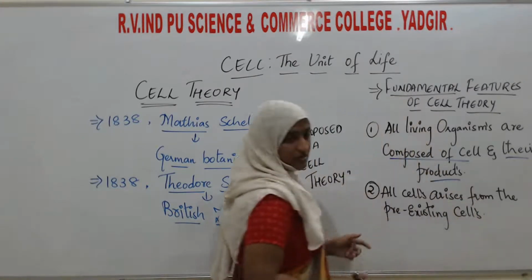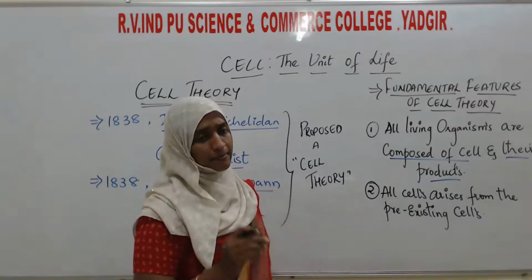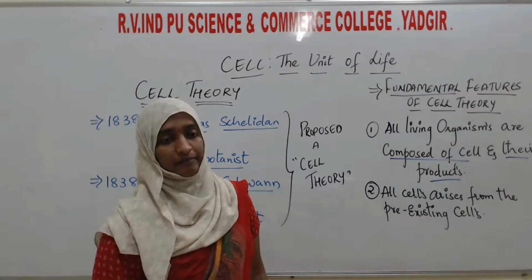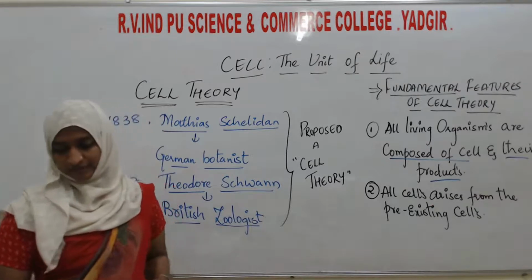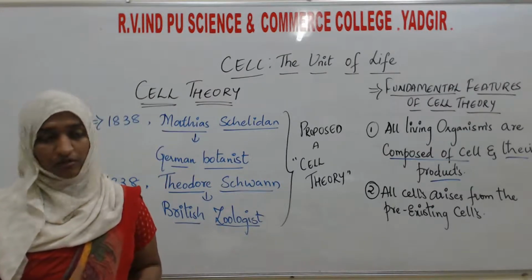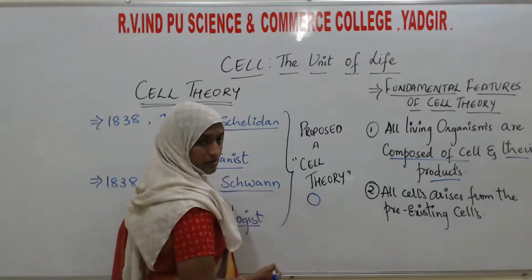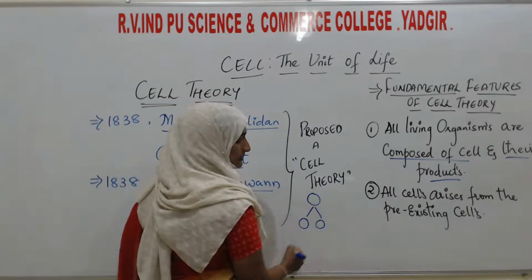That means all cells have the ability to divide, to multiply. All cells will have one important ability, that is to divide or to multiply. Here I will show that if this is one cell, this one cell will divide and form two cells.